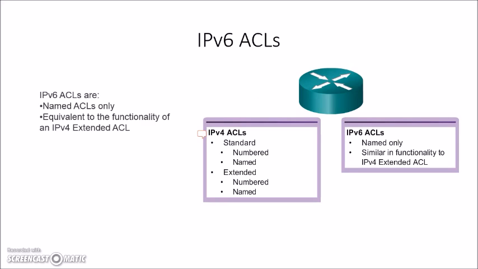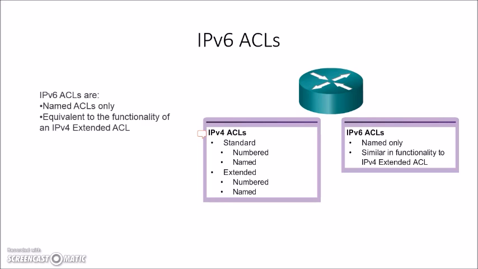For IP version 6 ACLs, these ACLs are very similar to the IP version 4 ACLs in both operation and configuration. Being familiar with IP version 4 access lists makes IP version 6 ACLs easy to understand and configure. In IP version 4, there are two types of ACLs, standard and extended.